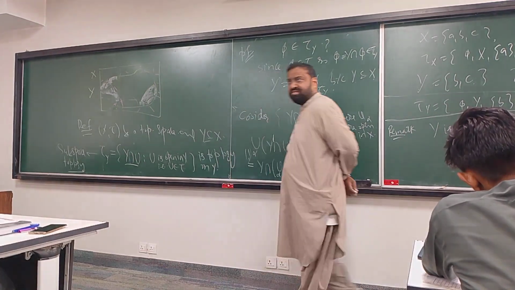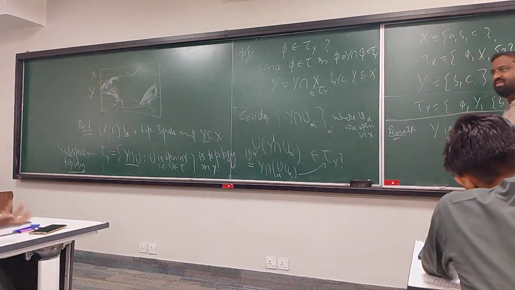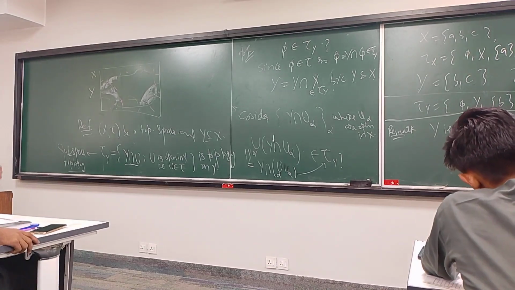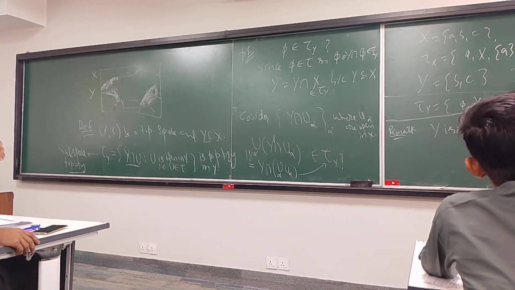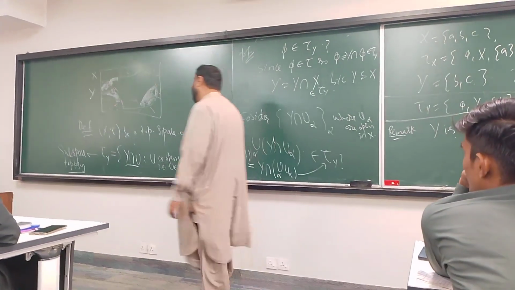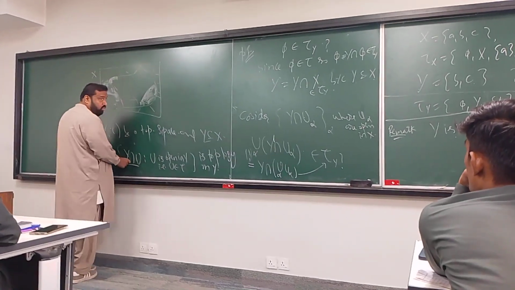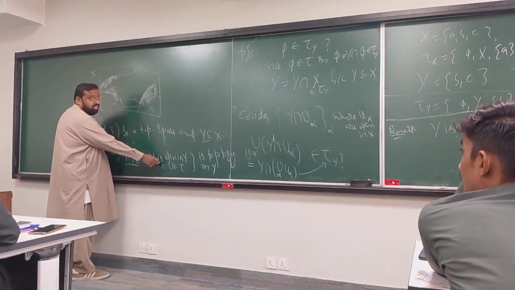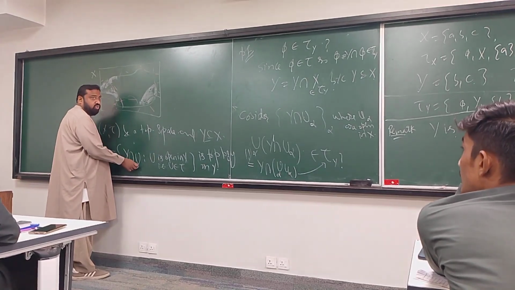If you intersect open with open, you get an open intersection. Yes, this is what we are saying. Now since Y is also open and the U's are also open, then the intersection is also open actually.